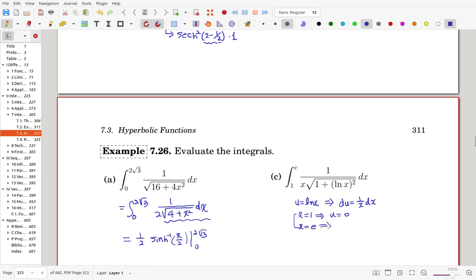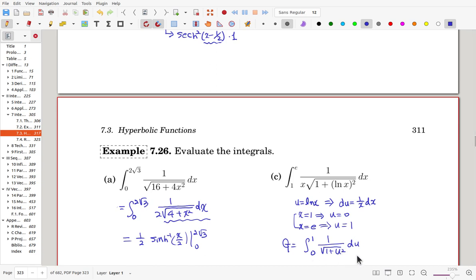Then here, logarithm e equals 1. So your given integral is now from 0 to 1 in u integration. And this portion is the same as 1 over square root of 1 plus u squared, and 1 over x dx is the same as du. Okay, we have that now.